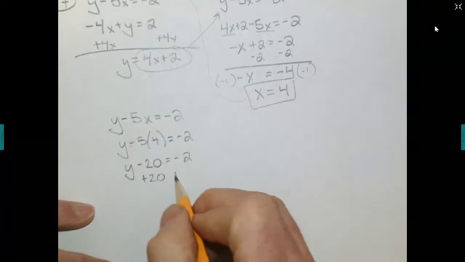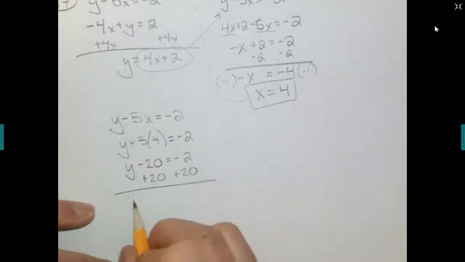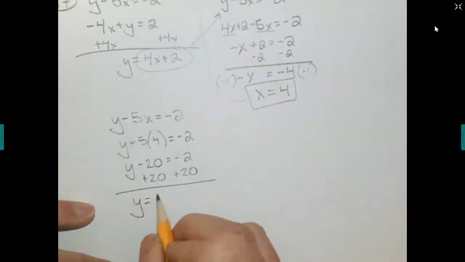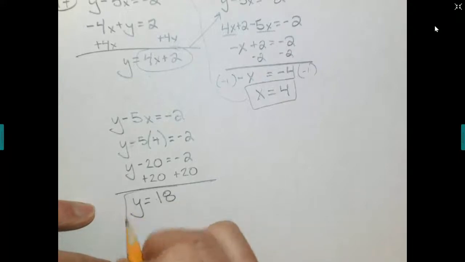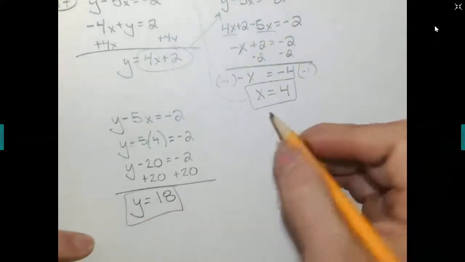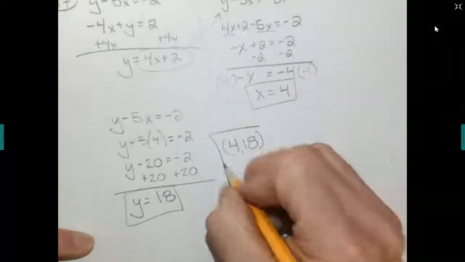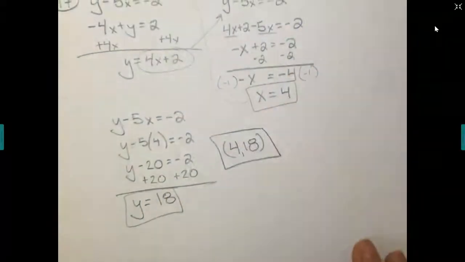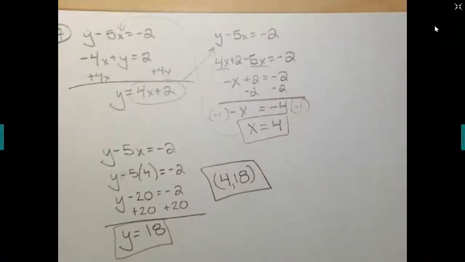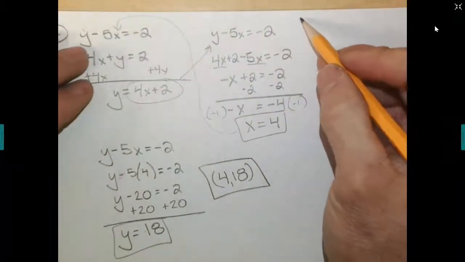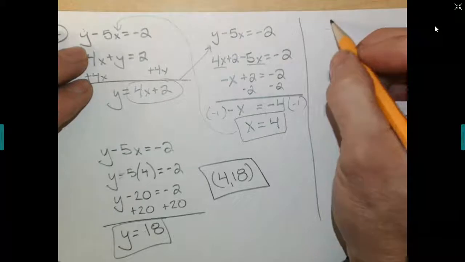Plus 20, plus 20. y equals 18. So I now have 4, 18 as my solution, as the point where these two lines cross. And now I'm going to go ahead and check.